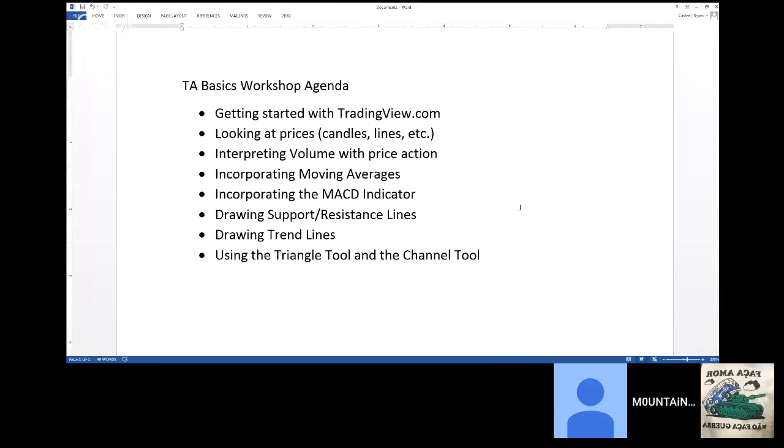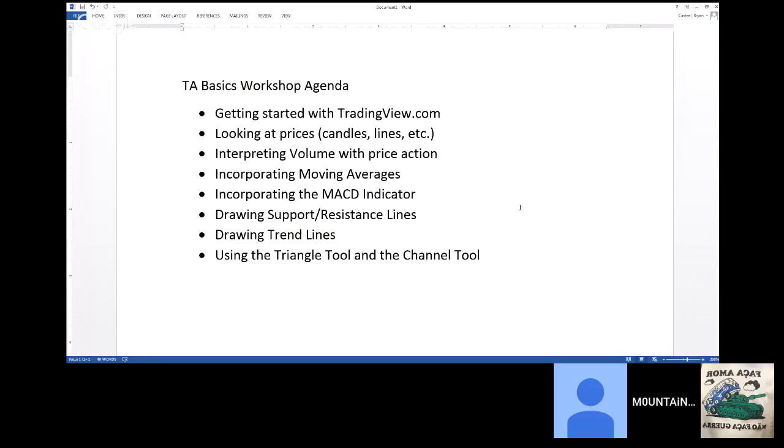One of the things I want to get through today is just general basics in setting up your charts when you're getting started with charting and using a system like TradingView has. So I want to go into a TradingView chart and start looking at it.